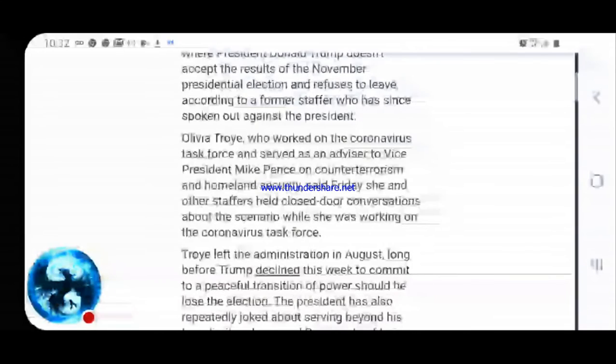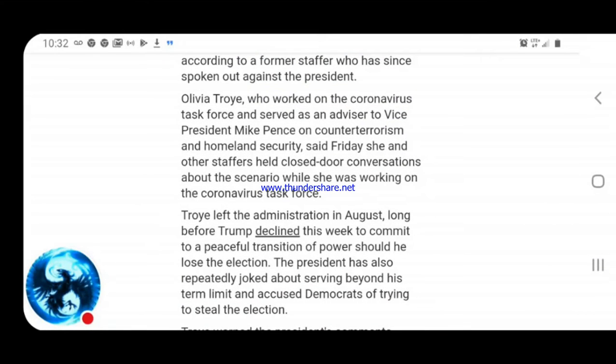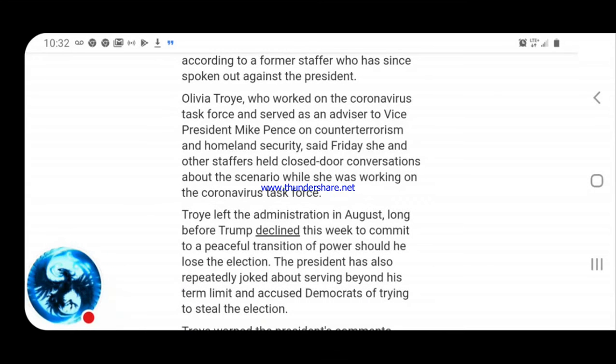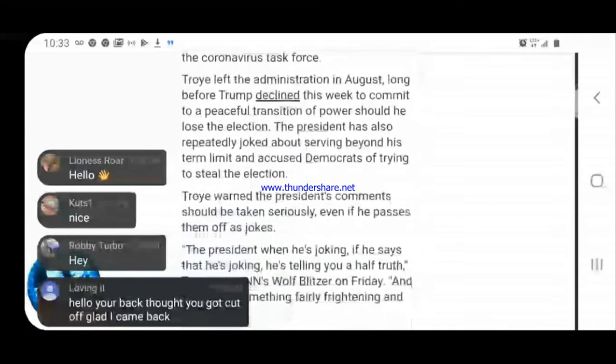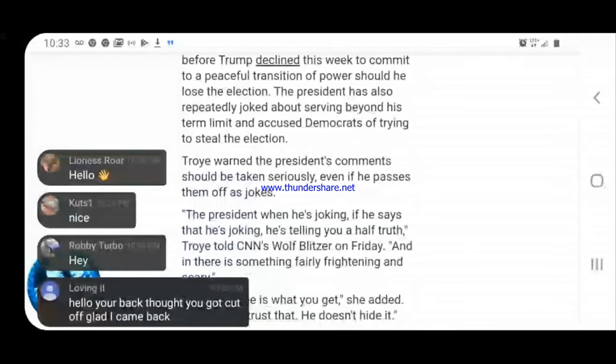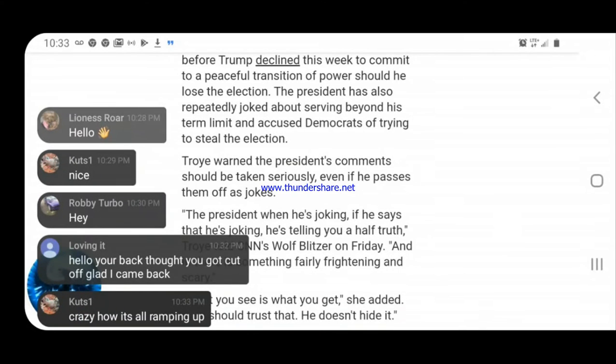Olivia Troy, who worked on the coronavirus task force and served as an advisor to Vice President Mike Pence on counterterrorism and homeland security, said Friday she and other staffers held closed-door conversations about the scenario while she was working on the coronavirus task force. The president has also repeatedly joked about serving beyond his term and accused Democrats of trying to steal the election.